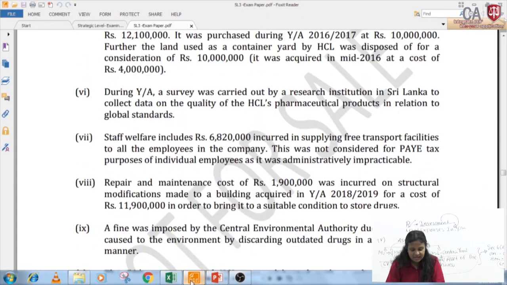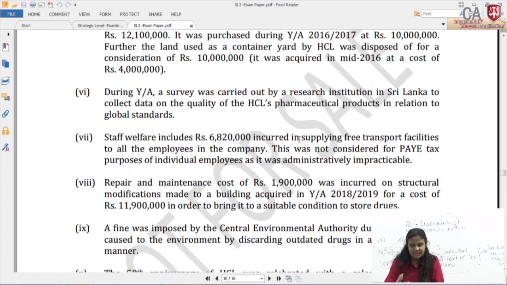Staff welfare includes rupees 6,820 incurred in supplying free transport facilities to all the employees in the company. Now see what is the importance of this adjustment. Supplying free transport facility to, what is the word, all the employees. That's why I am telling you to maintain a quality of reading of the question. Okay. All the employees, this is applicable to all the employees of the HCL.